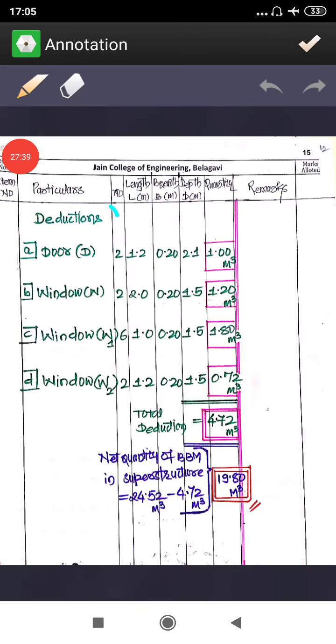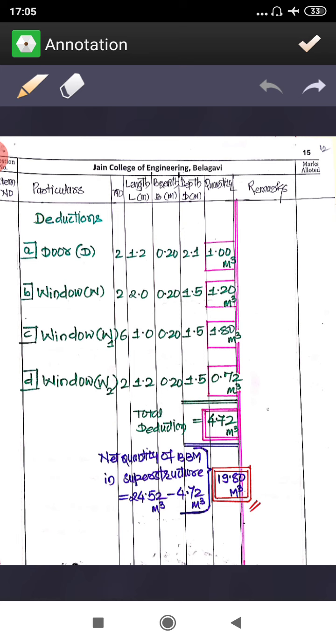So we'll see the deductions, as I have shown in the plan. We are having two numbers of doors. The size is 1.2 into 0.2 into 2.1, so you'll be having 1 meter cube. Then the largest windows, two numbers, 2 into 0.2 into 1.5, so you'll be having 1.20 meter cube.